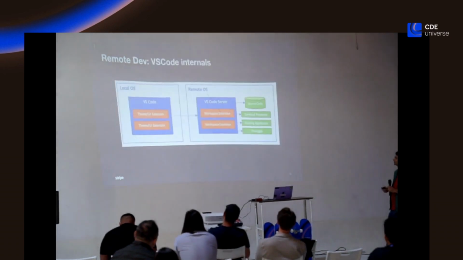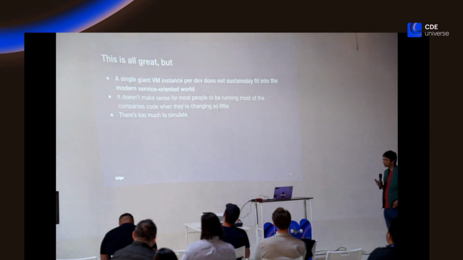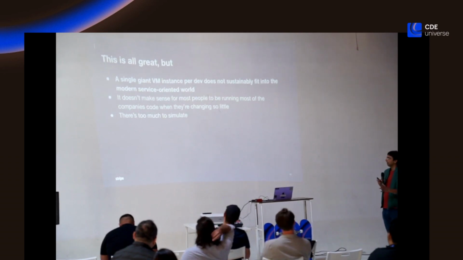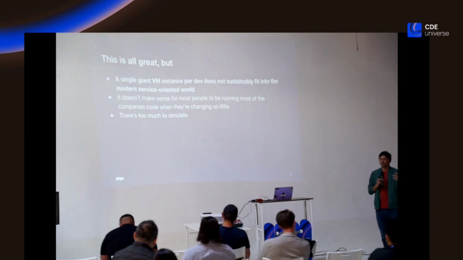I want to talk a little bit, let's see how much I can get through, about the fact that we've talked a lot about this one giant instance per developer. And there is a point at which this breaks. We started Stripe with a giant Ruby monolith.